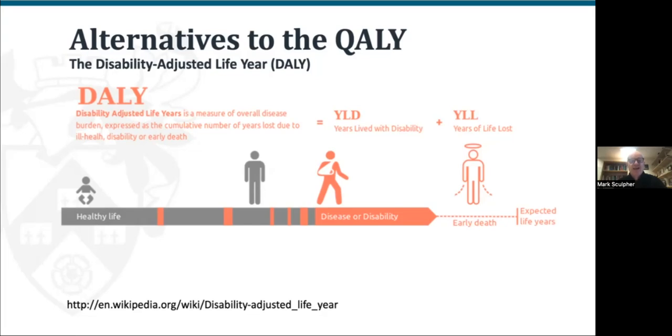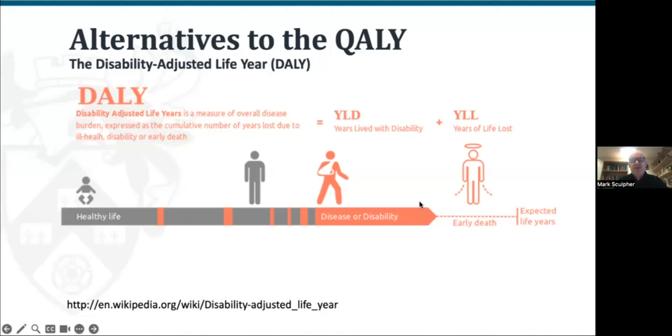But strictly, the DALY is more a measure of overall disease burden. But once you've measured or estimated the DALY for existing treatment and for a new treatment, the difference in those two measures of disease burden is also a way of expressing the benefit of the new treatment. So DALYs can be used in exactly the same way as QALYs.